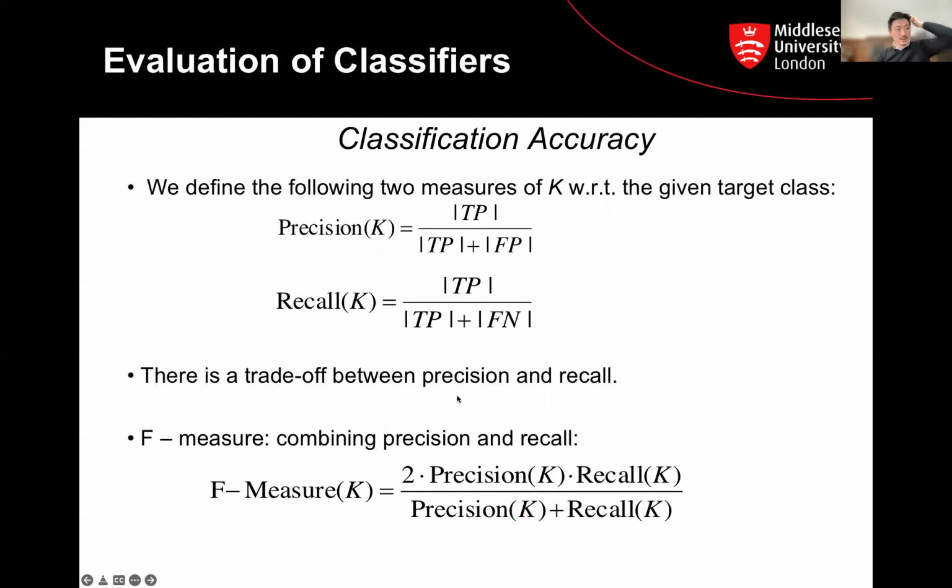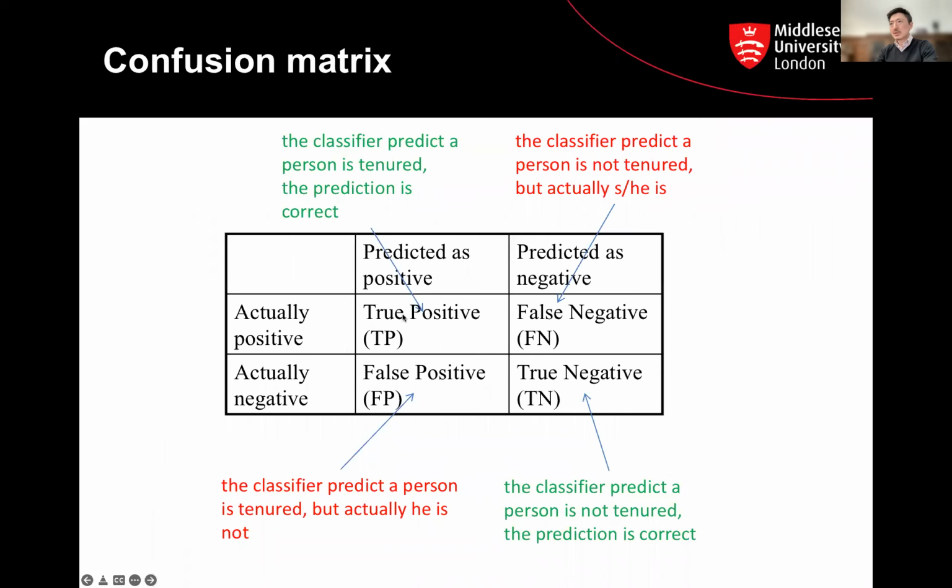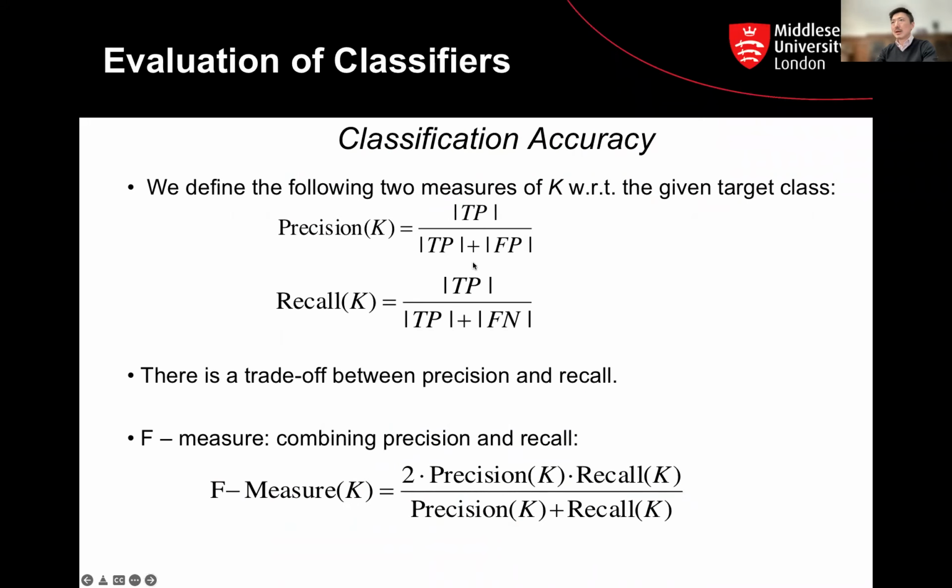Okay, so now come the different ways to measure the accuracy. The first one is the precision, which is the true positive divided by true positive plus false positive.